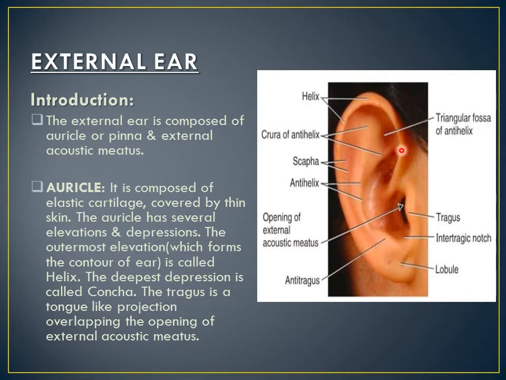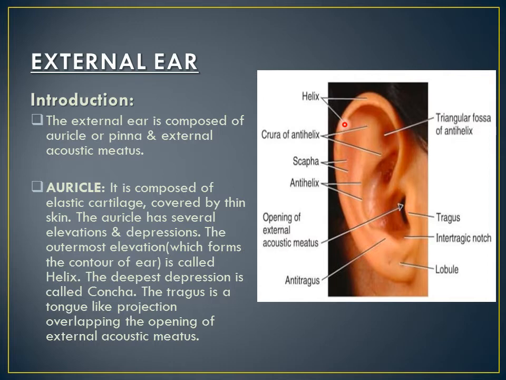The outermost elevation, which forms the contour of the auricle, is called the helix. Opposite to the helix there is another elevation which is called antihelix. These are crura of antihelix.